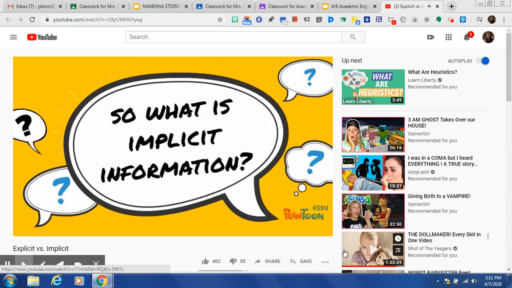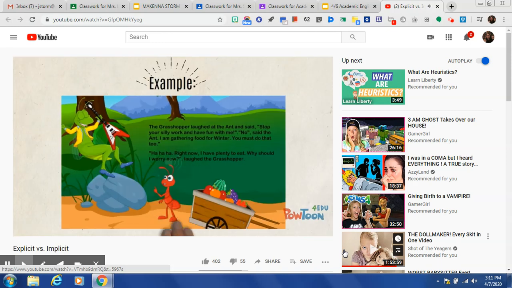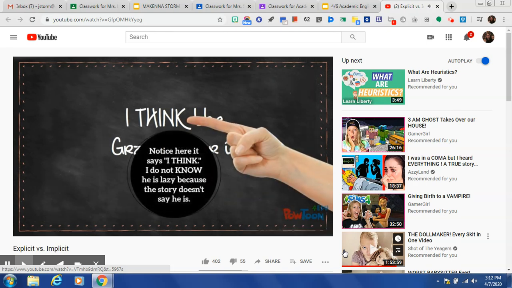So what is implicit information if that's explicit information? To help us out, let's take a look at our example from the story one more time. The grasshopper laughed at the ant and said, "Stop your silly work and have fun with me." "No," said the ant, "I'm gathering food for winter. You must do that too." "Ha ha ha! Right now I have plenty to eat. Why should I worry now?" laughed the grasshopper. Here I can say that I think the grasshopper is lazy. Notice here that I say I think.